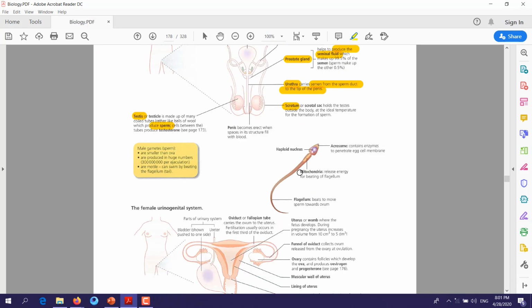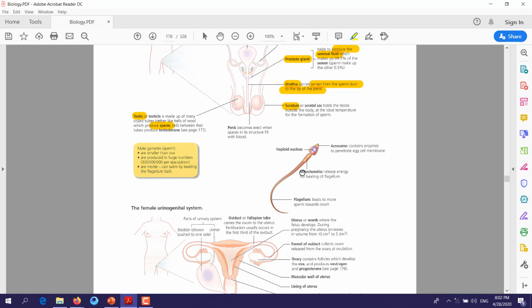And here, this drawing shows the structure of sperm. Each sperm consists of these parts. The upper part we call the acrosome. It contains enzymes to penetrate the egg cell membrane. We will talk about it later.